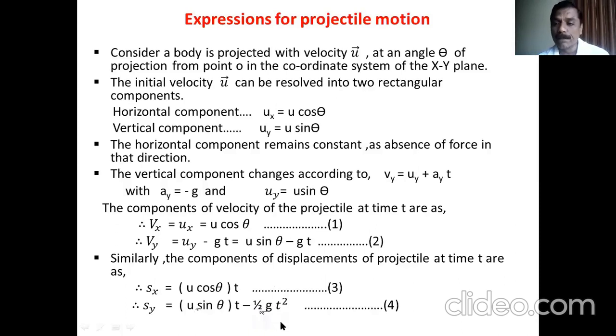So you should remember that the expressions for the velocity along the x and y-axis are from equations 1 and 2, and the equations for the displacement along the x and y-axis are given by equations 3 and 4. Now we can use equation 1, equation 2, equation 3 and equation 4 as we require.